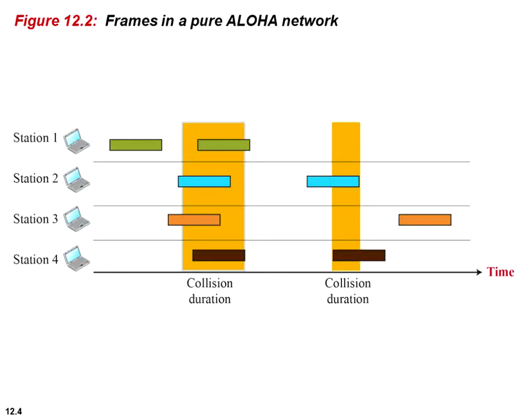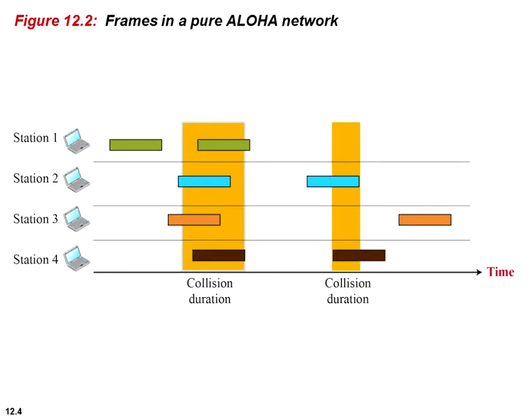At each instance, a station that has data to send uses a procedure defined by the protocol to make a decision on whether or not to send. This decision depends on the state of the medium, whether it is idle or busy. Or we can say that each station can transmit when it desires on the condition that it follows the predefined procedure, including testing the state of the medium.